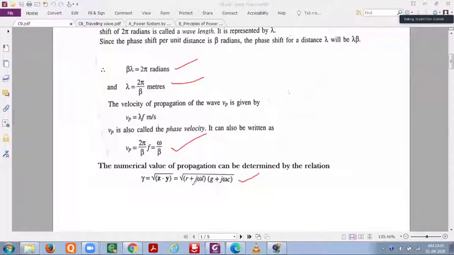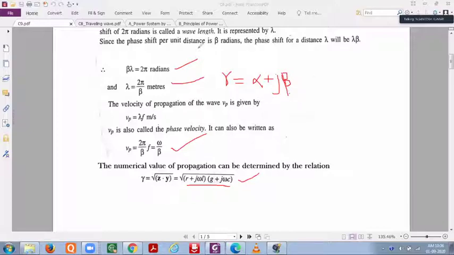If he doesn't give these terms, that is your R, L, G, and C, and if he is giving alpha and beta, then what am I supposed to do? How to find my gamma? Alpha plus j beta. That's it. Don't simply remember like that. Try to understand the concept here. Sometimes instead of giving your R, L, C, G elements, he will give your attenuation constant and phase constant. That will be simpler than this formula.